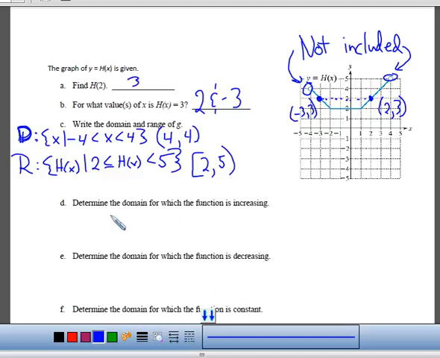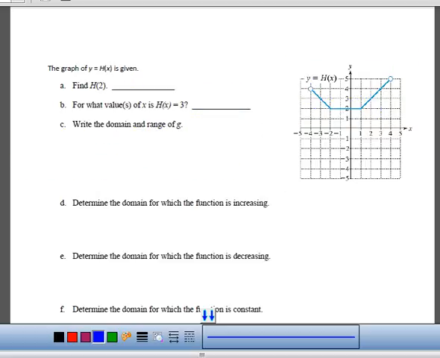Okay. Determine the domain for which the function is increasing. Alright, I know that we're getting long here in the video, so I'm going to speed it up a little bit. The function is increasing from here to here. Okay? So, we're just writing the domain for these 3 problems here. So put D, and then a semicolon.